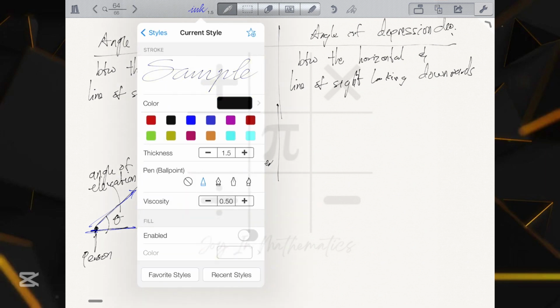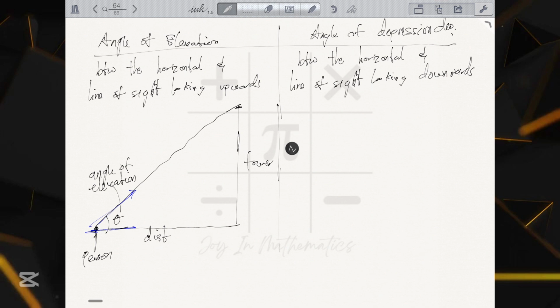Similarly, if we have the tower here and the person is lying down on the tower observing an object, maybe with binoculars or something, and is looking directly downwards at that object.